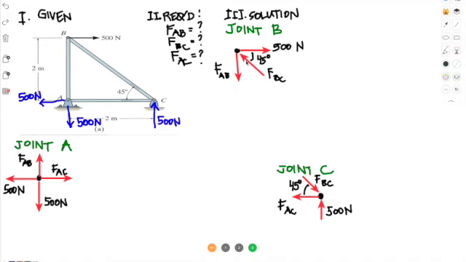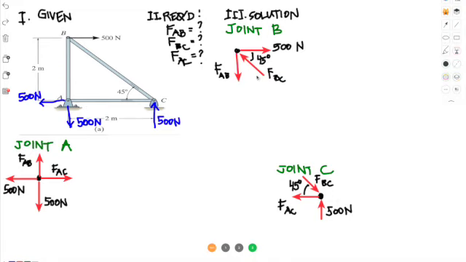We assume the direction of FBC to be compressing B. Since the 500 newton force is going to the right, we need a force to counter it, so we want the component of FBC to go to the left. And since the component of FBC is going up, we assume that FAB is going down, that is, it's tensile towards B. It's pulling B apart.